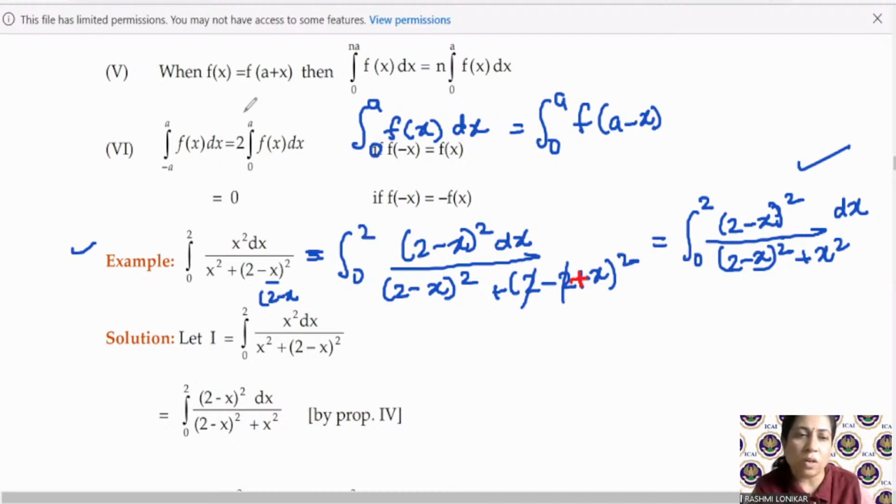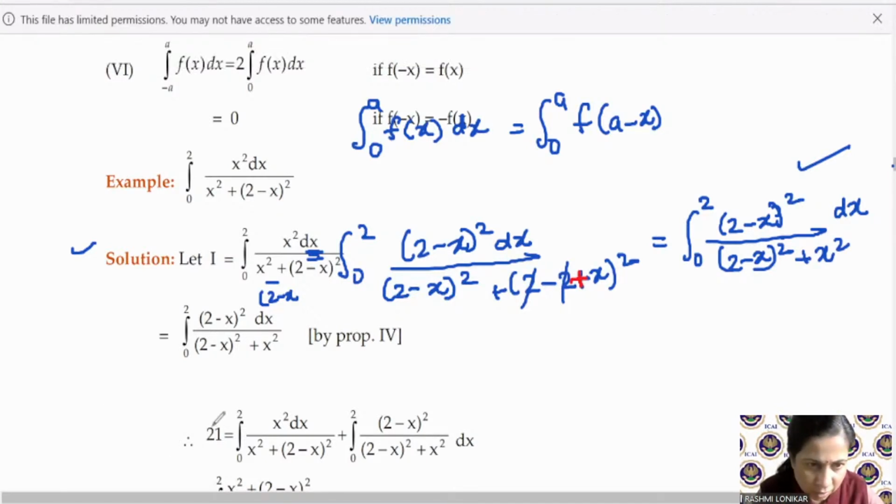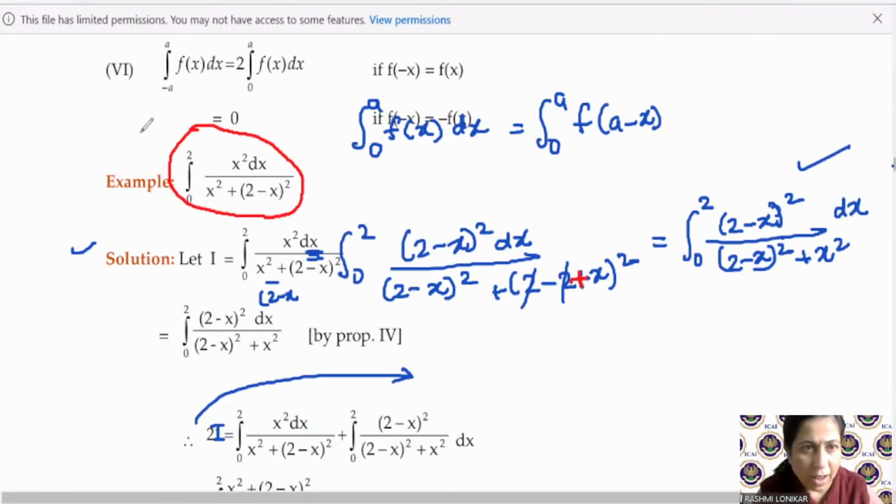If I add them up, here they have written 2I, and it is not 221. How did I get the 2I? This they have not explained. So I add this and I add this.